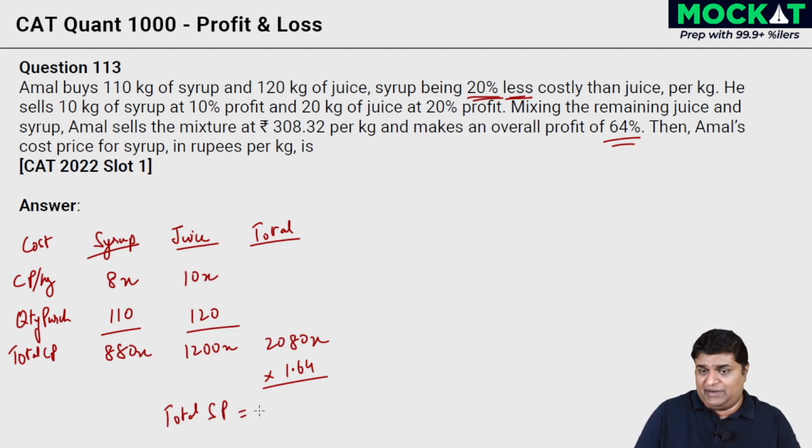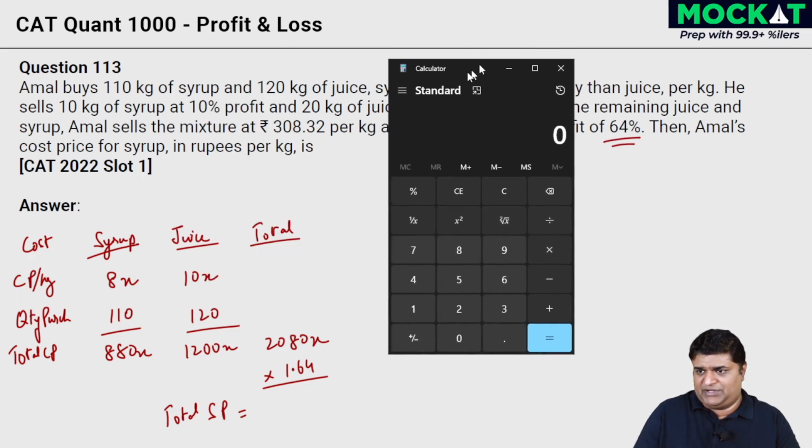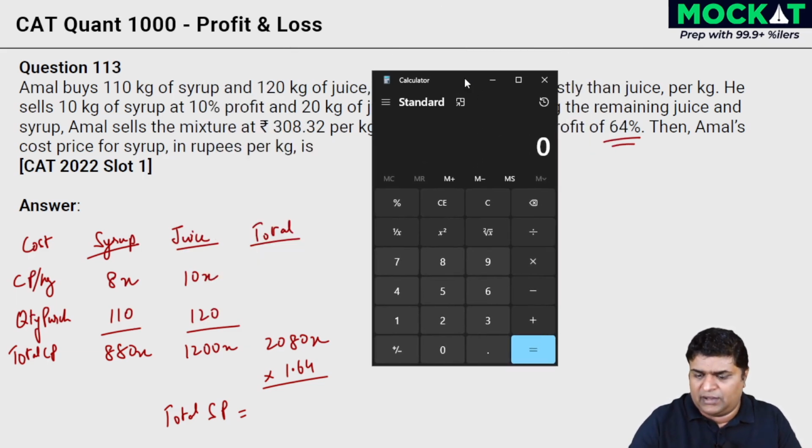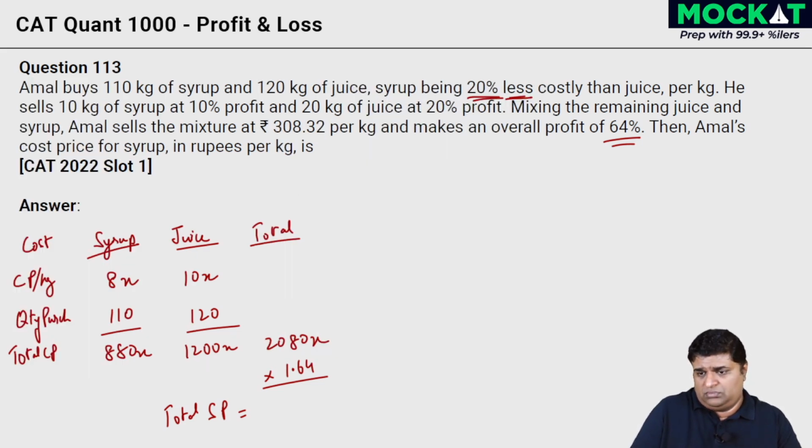Total amount which has been realized. You can use a calculator over here, right? 2080 into 1.64, right? And you get 3411.2x, right? So that's what we've got over here.